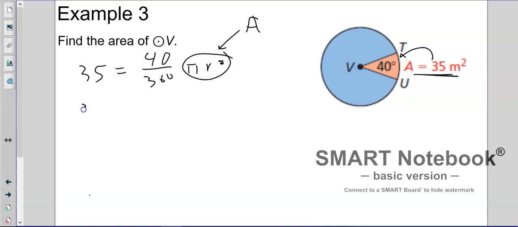So 35 equals, if we do 40 divided by 360, we have 0.1 repeating pi r squared. So we divide both sides by 0.1 repeating.